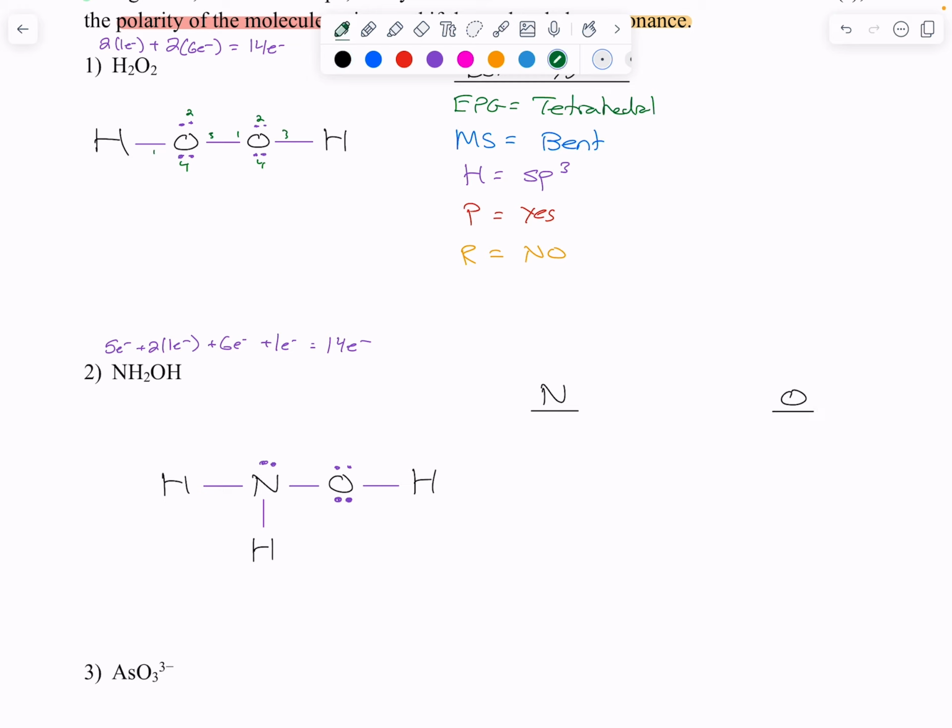N, electron pair geometry, tetrahedral. Same with O. For molecular shape, O is bent and N is trigonal pyramidal.